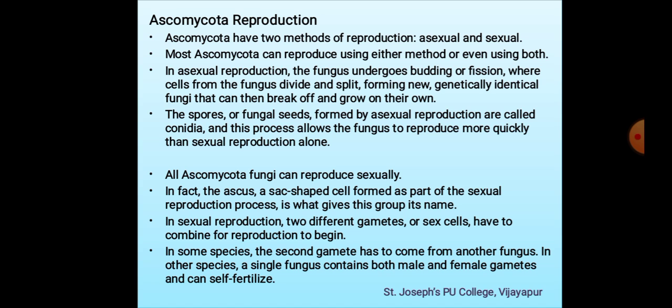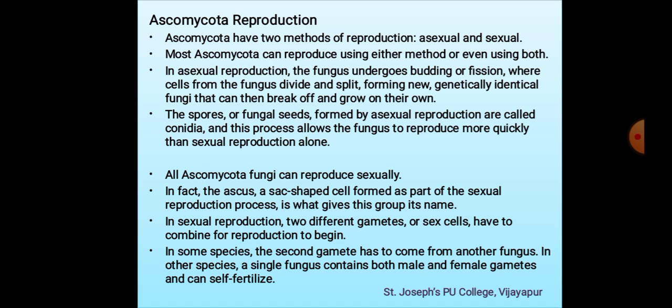In asexual reproduction, the fungus undergoes budding or fission, where cells from the fungus divide and split, forming new genetically identical fungi that can then break off and grow on their own.